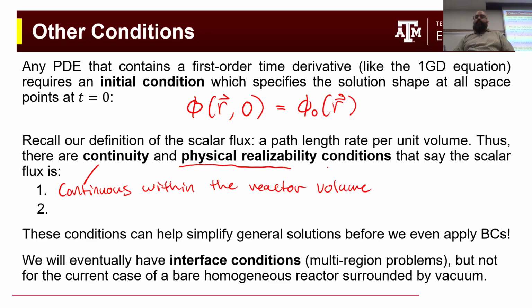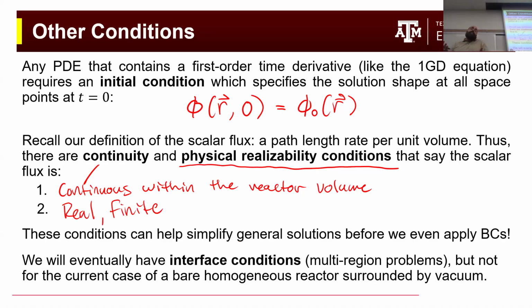And then physical realizability just tells us what kind of solutions we could ignore for a flux. For example, if a flux has to do with a path length, it can never be negative because there's no such thing as traveling negative distance. So it has to be real. The flux has to be finite, meaning it cannot be infinite.